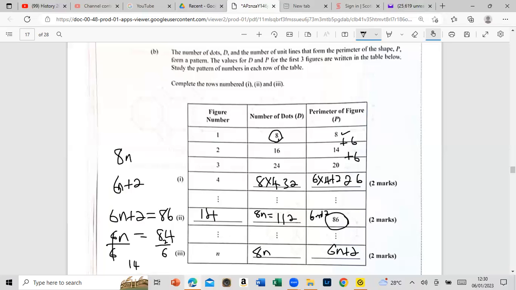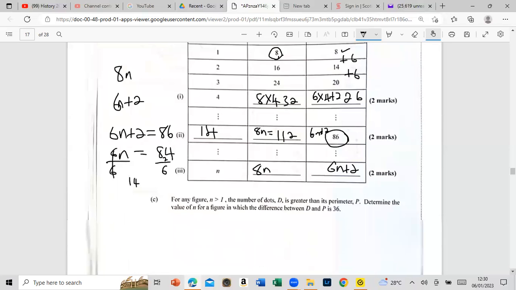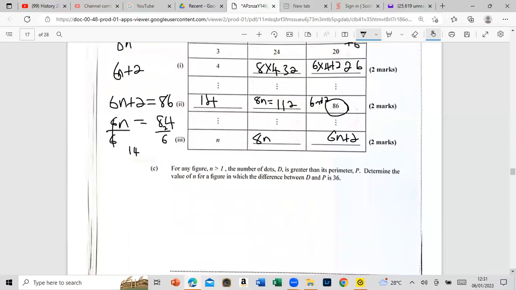All right, let's go down and see if there's more to it. For the figure greater than 1, the number of dots D is greater than the perimeter P. Determine the value of n for which the difference between D and P is 36.